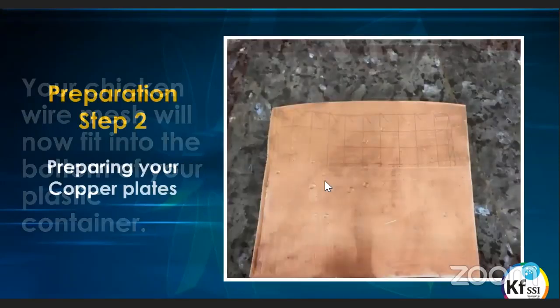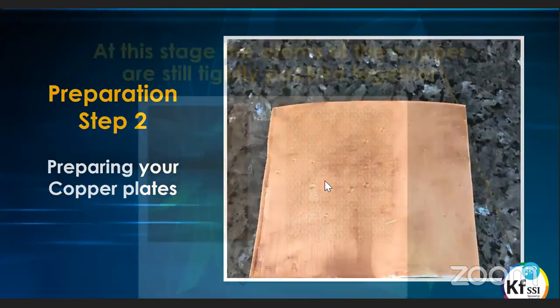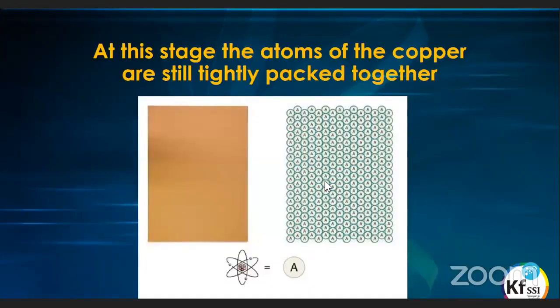Right, now your preparation. This is very important when you're preparing your copper plates or even your coils. Just to come back to what we discussed on the nano layering in the previous episodes: at this stage you're just dealing with the copper in a matter state, and so your atoms are all very tightly packed together.